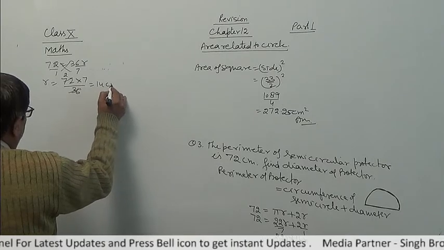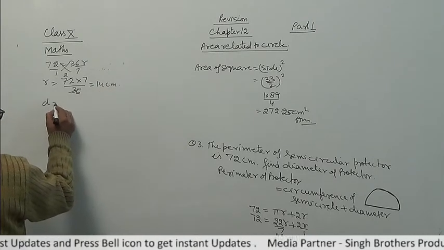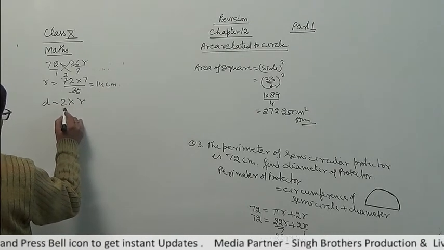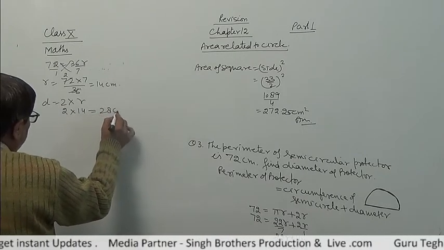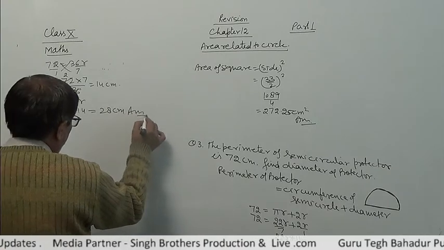That is 14 centimeter, and diameter is twice the radius, so 2 into 14 is equal to 28 centimeter.